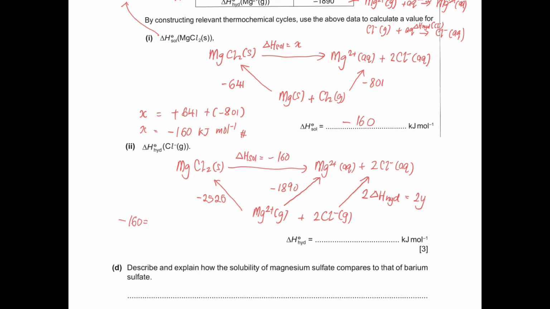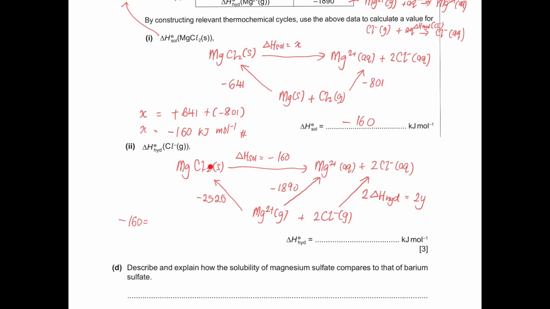The enthalpy change involved in doing it in 1 step is equal to the enthalpy change involved in doing it in many steps. So which means now you can also do it in 2 steps.